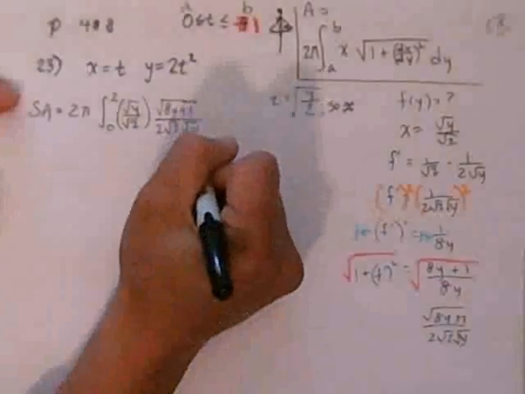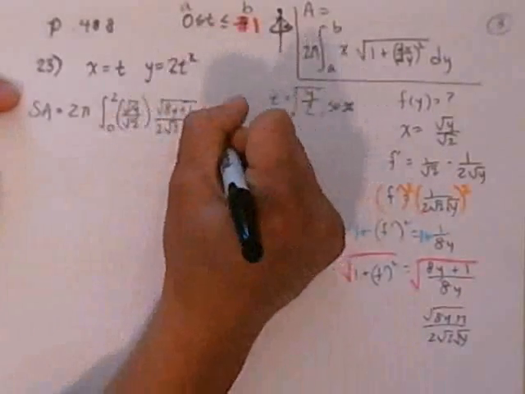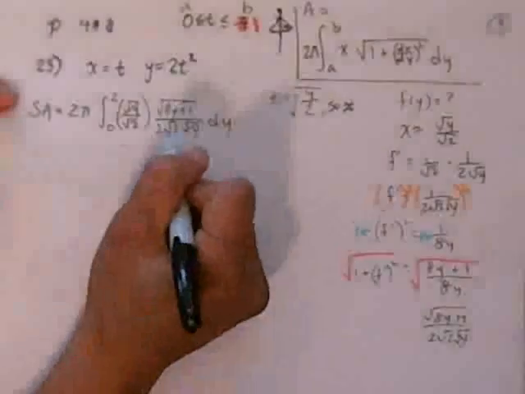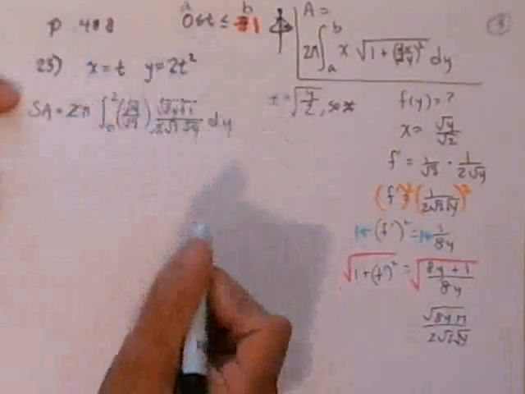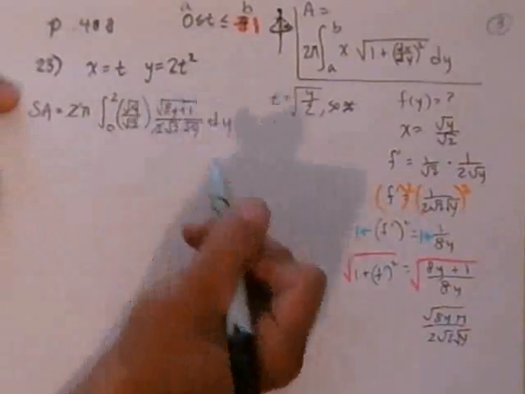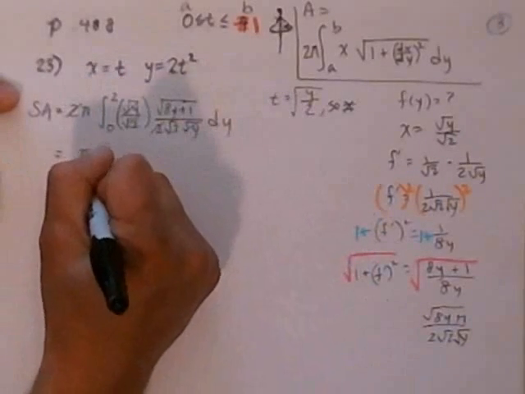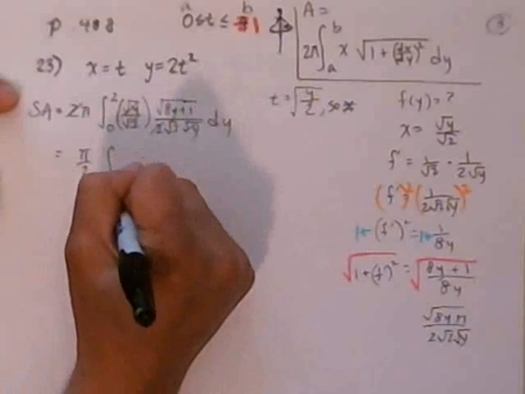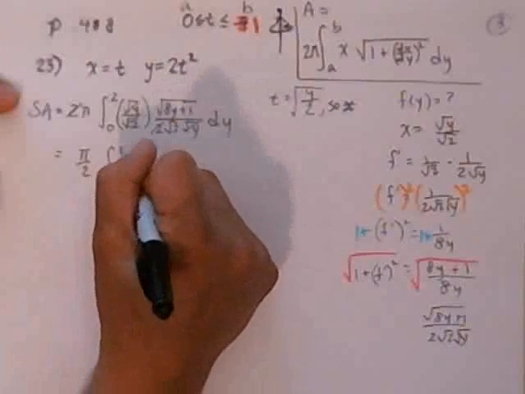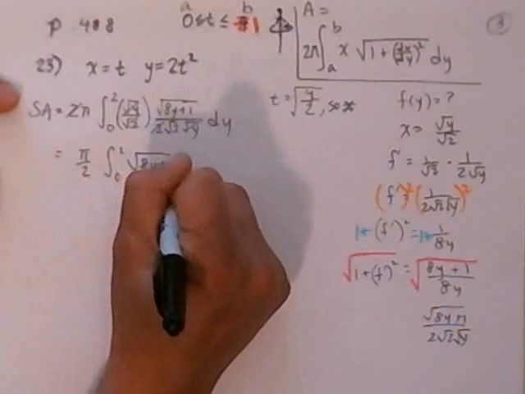Notice that the square root of y cancels. It's always dy this time. The 2's also cancel. And square root of 2 times square root of 2 is 1 over root 2. That becomes pi over 2 times the integral from 0 to 2 of square root of 8y plus 1 dy.